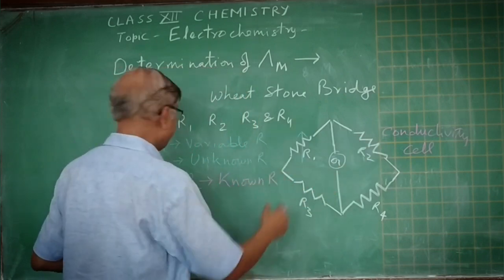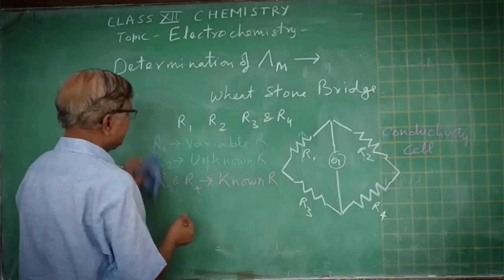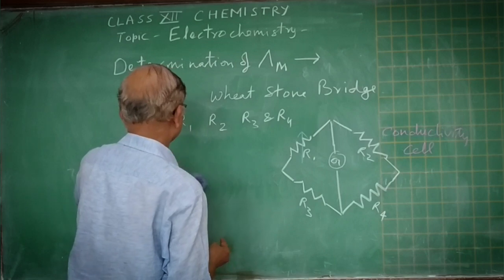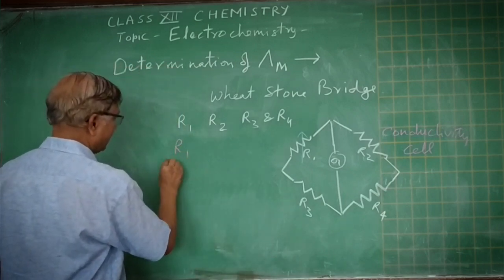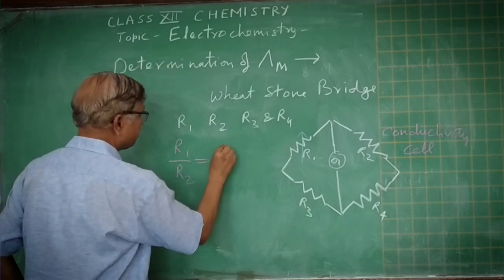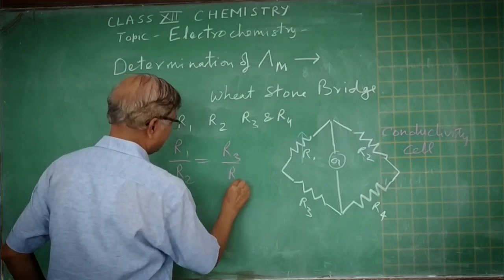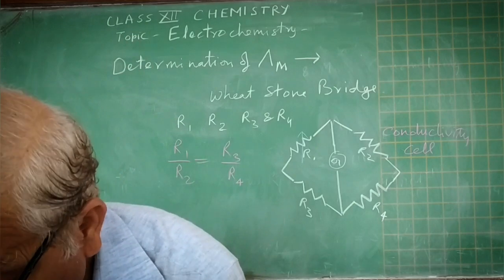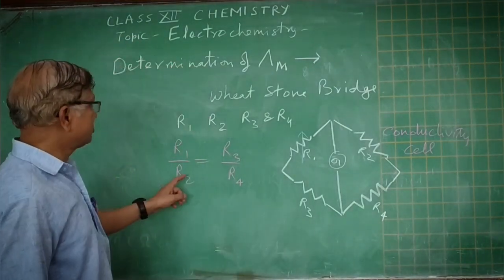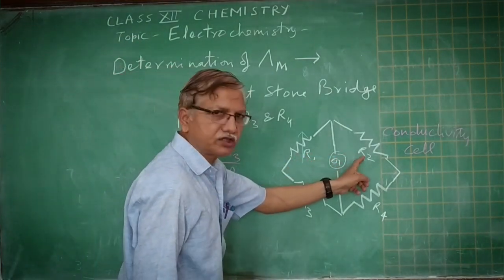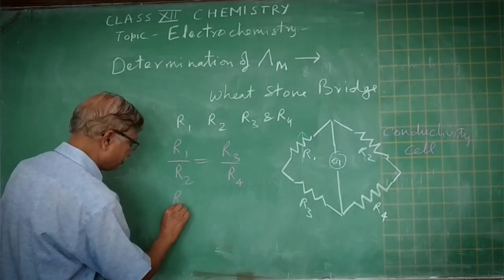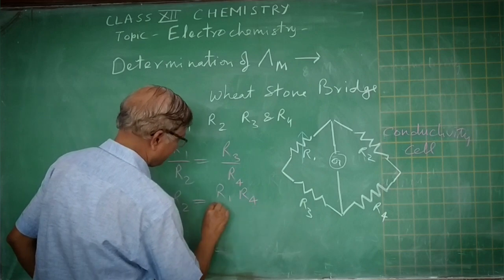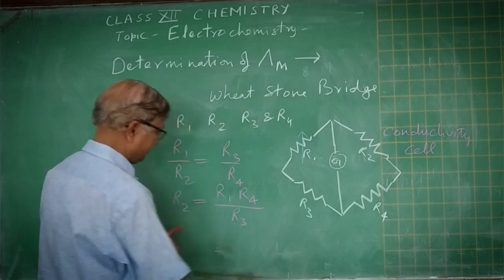If we arrange this Wheatstone bridge, then by applying the formula R1 upon R2 equal to R3 upon R4, because R2 is the unknown resistance, R2 equals R1 R4 upon R3.